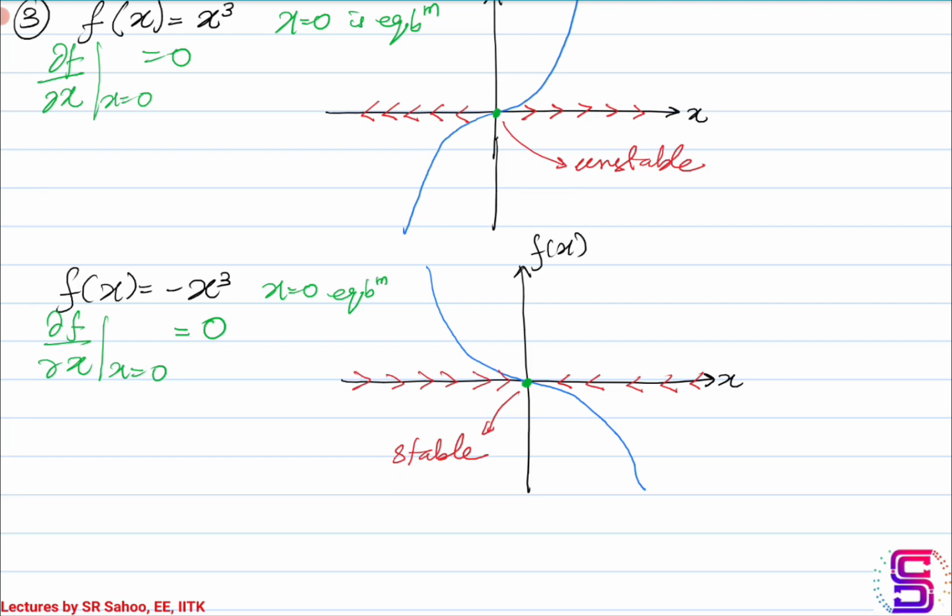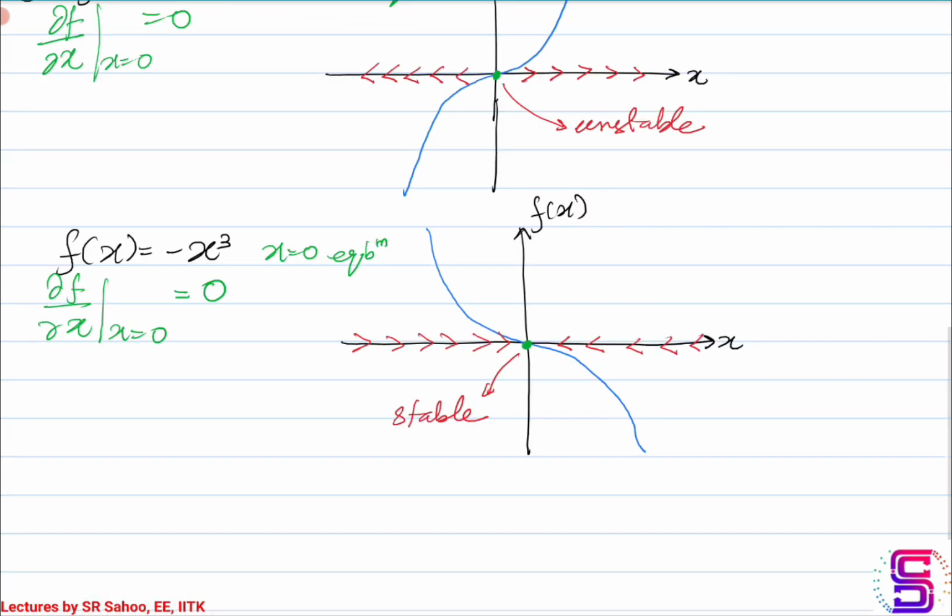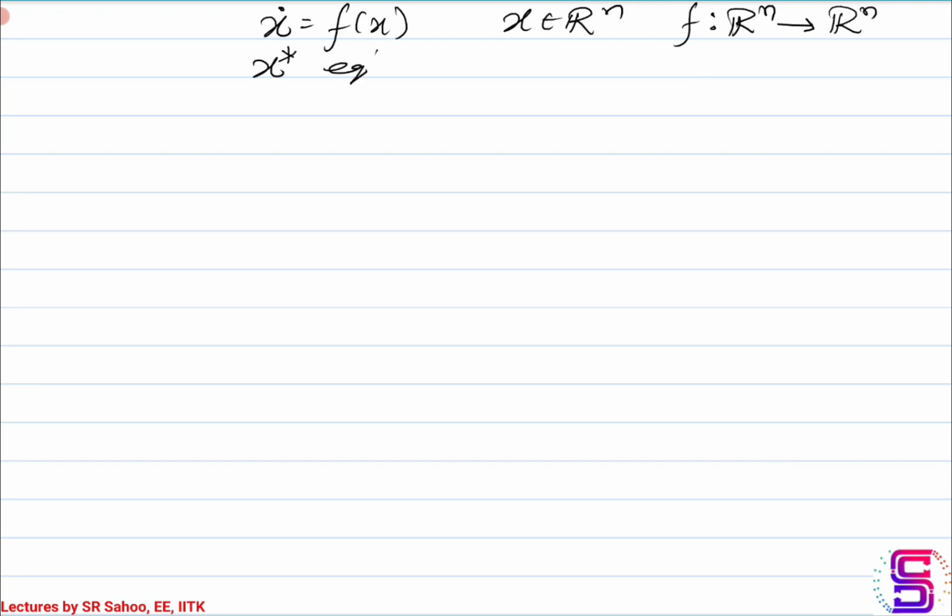Let's say you have an autonomous system of the form x dot equal to f of x, x belongs to Rn, f maps from Rn to Rn, and x star is the equilibrium point under consideration. If x star is the equilibrium point, f of x star is definitely going to be 0.